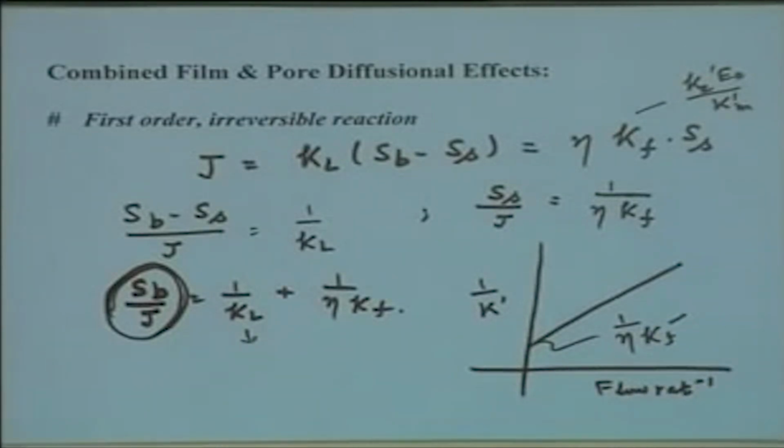That means, if you carry out your reaction at a low substrate concentration, or even at a high substrate concentration but with a very high fractional conversion, the reactor performance will be closer to first order kinetics.